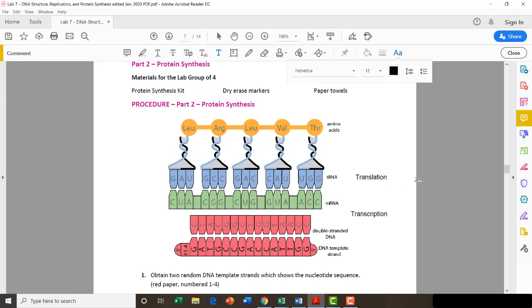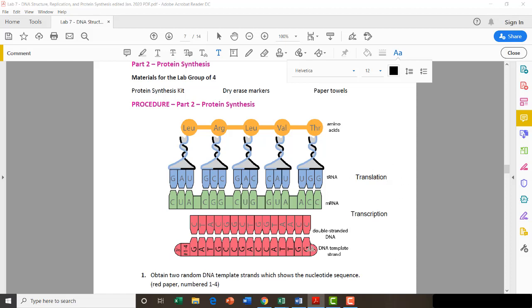And I'm going to show you a trick to remember what occurs first. Transcription starts with trans and the next letter is C. Translation starts with trans and the next letter is L. C comes before L in the alphabet, so we know that transcription happens first, then translation.